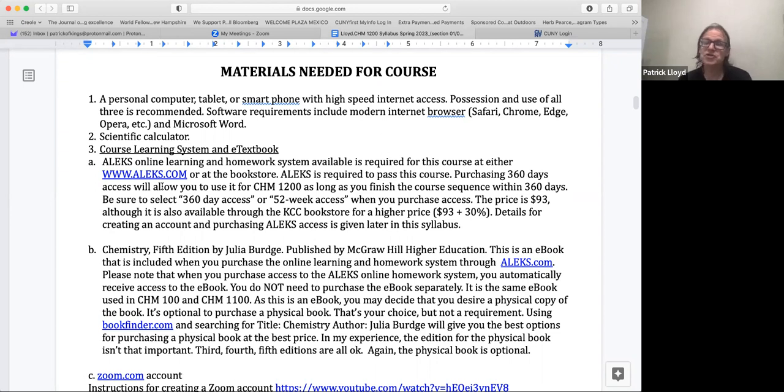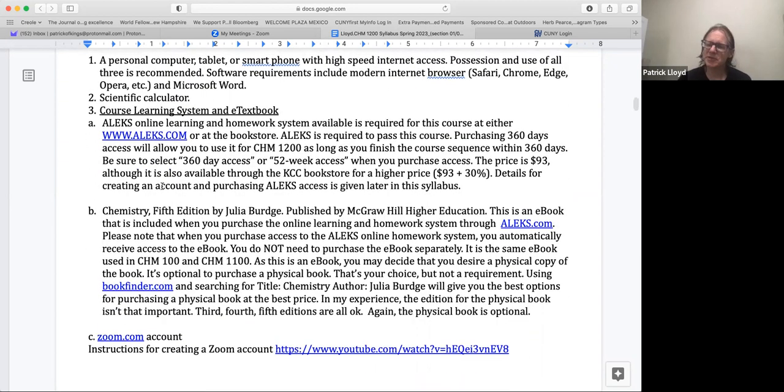And you're going to have to purchase that if you haven't done so already. This is Chemistry 1200, so you may have likely purchased it for a previous course. So if you got the 360-day access, 1-year access recently, you probably still have access. Okay. So aleks.com, you can also purchase it at the bookstore, but they'll mark it up 30%.